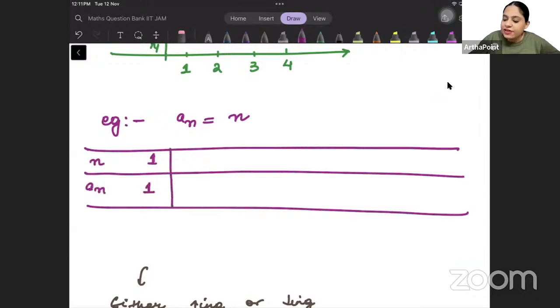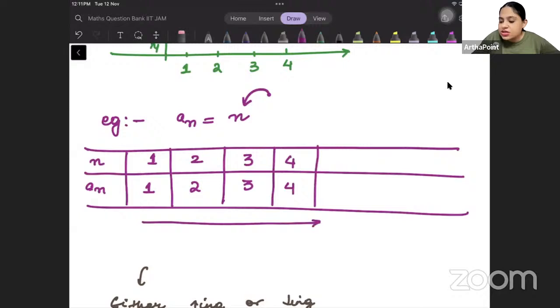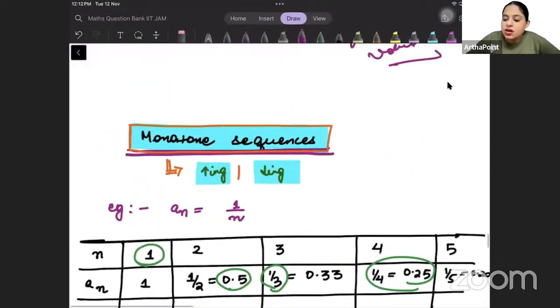For the second term I put 2 and I will get 2. My third term will be 3. My fourth term will be 4. Of course, this is increasing in nature, but there is no upper bound. So just because a sequence is monotone does not mean that it will be bounded.